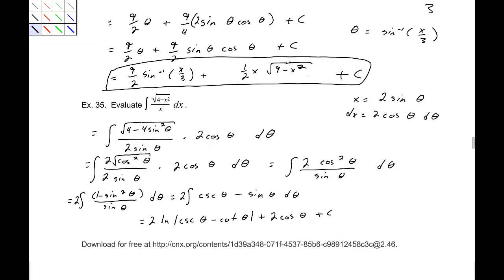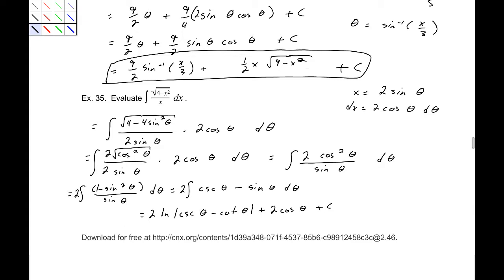The one thing we have left to do is convert this back in terms of x's. So draw my triangle. There's theta. Sine is the opposite over hypotenuse, so this is x over 2, and this is the square root of 4 minus x squared. Cosecant is 1 over sine, so that is 2 over x.